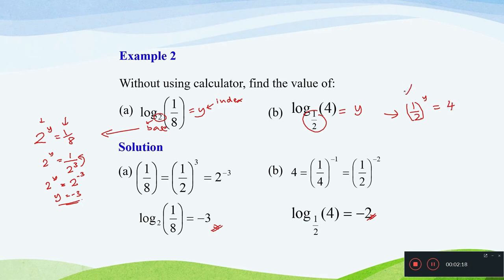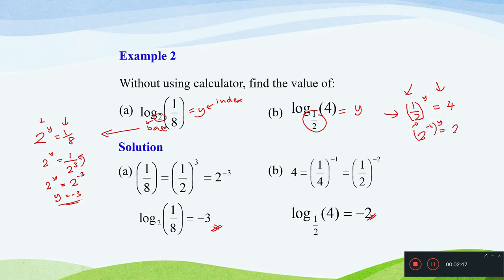Make sure both left and right sides have the same base. The smallest number here that you can see is 2, so of course the base will be 2. So you have to change the base on the left side and bring 2 up. How to bring 2 up is by using the rule of indices, and this is going to be 2 to the power of negative 1.